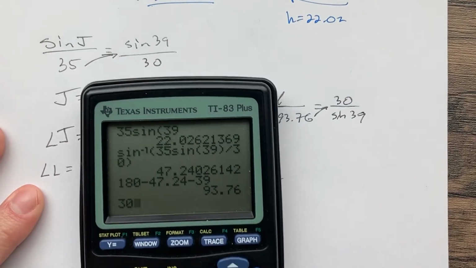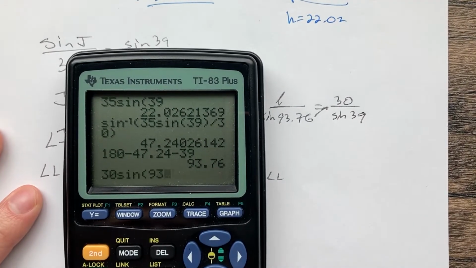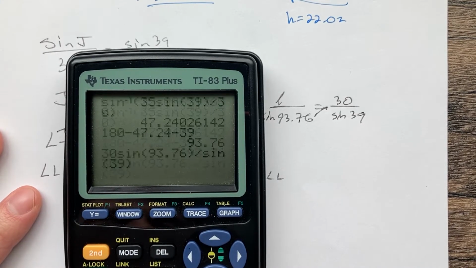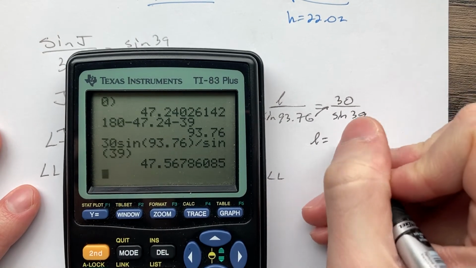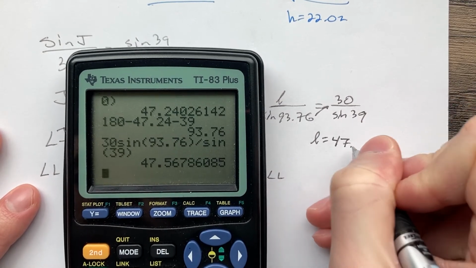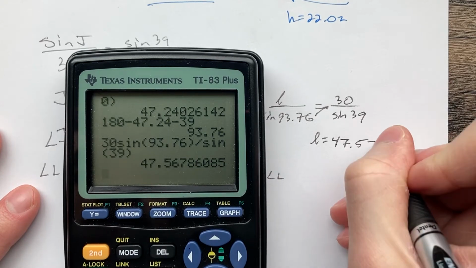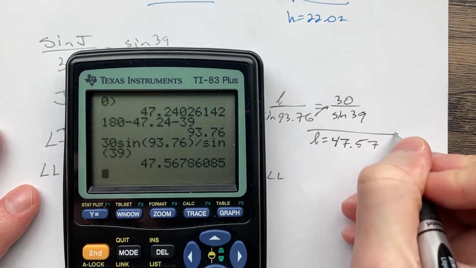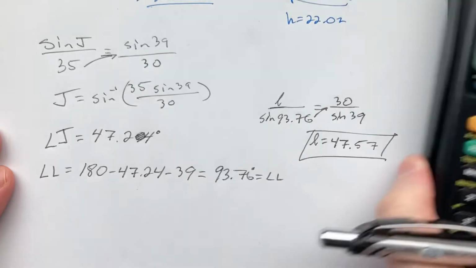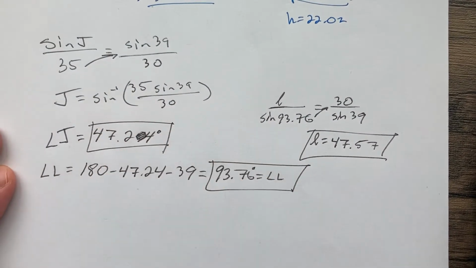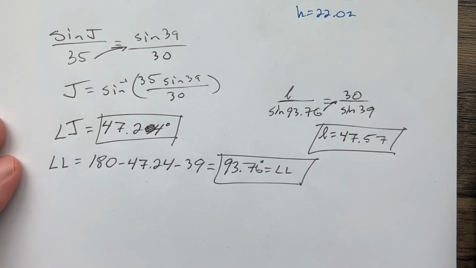So 30 sine 93.76, close the parentheses, divided by sine of 39. And side L is equal to 47.567, so that's going to be 47.57. All right, and there are the three solutions for triangle number one.